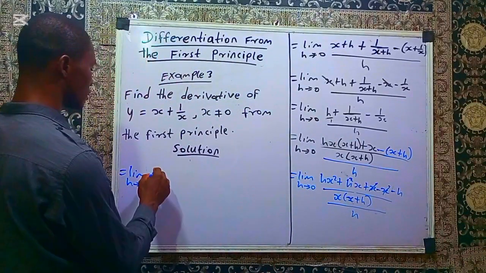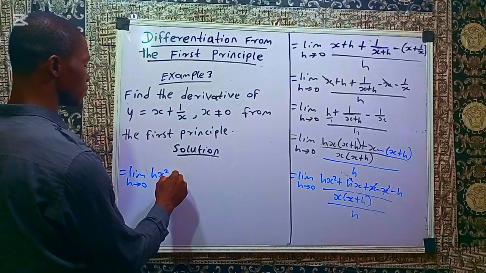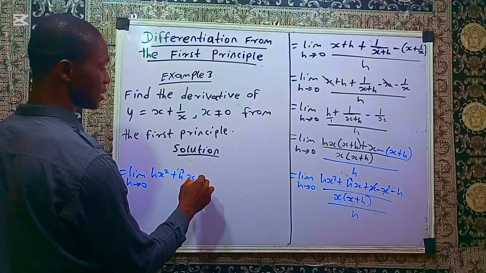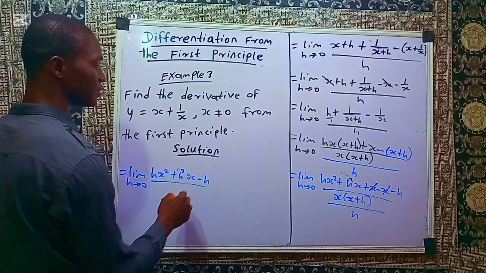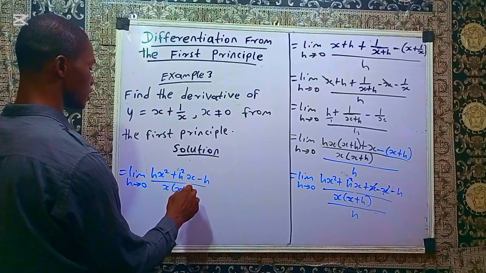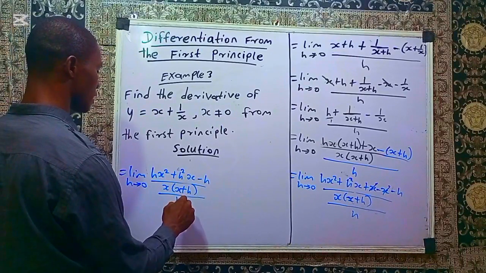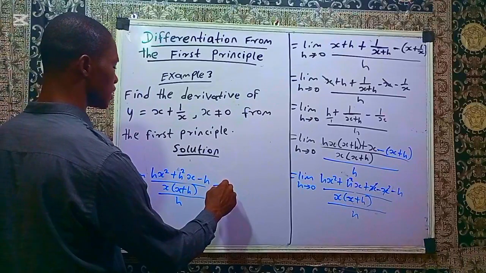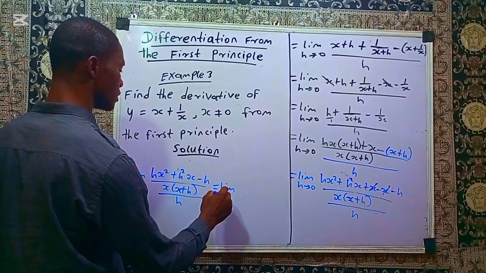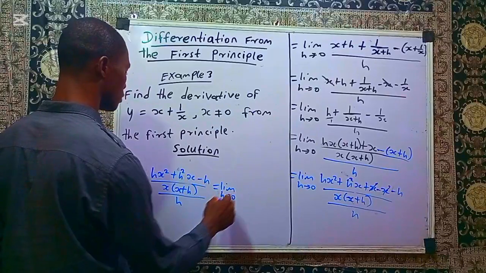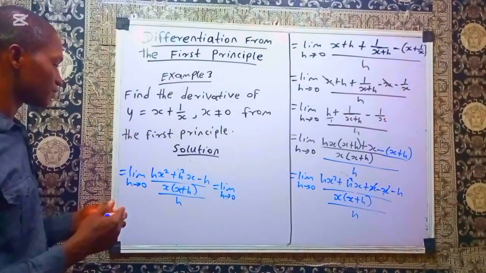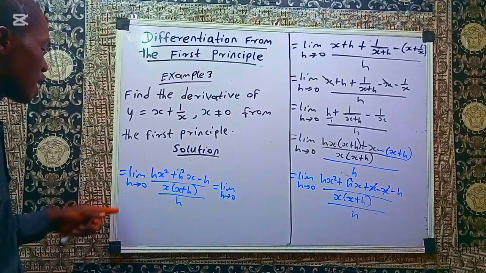So what is now remaining up is hx squared plus h squared x and minus h, all divided by x open bracket x plus h, all divided by h. So this will be the limit as h goes to 0 of. So we try to simplify this expression.